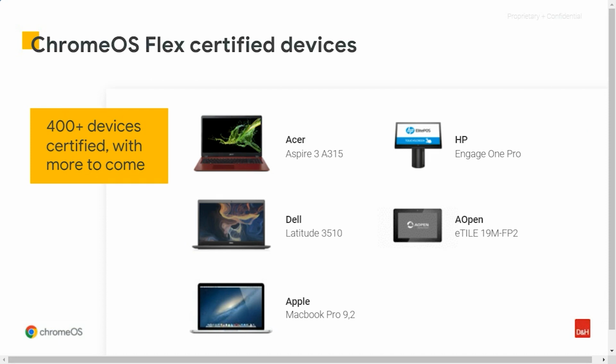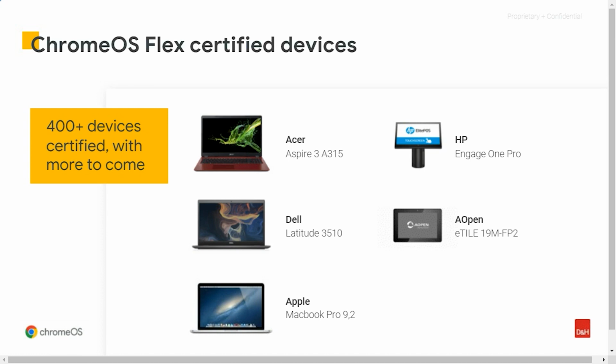Now, I wanted to touch on the certification of devices because there were several questions about that. So right now the list is actually more than 500 devices the last time I checked. And again, there are all kinds of brands in there. We'll have a link once we send the deck out so that you can go and check to make sure that the device that you're looking for is listed there.